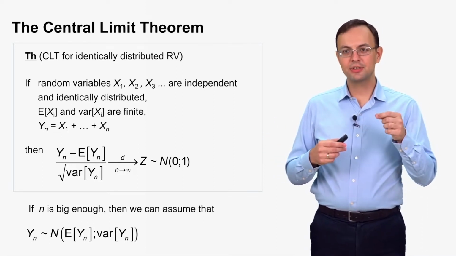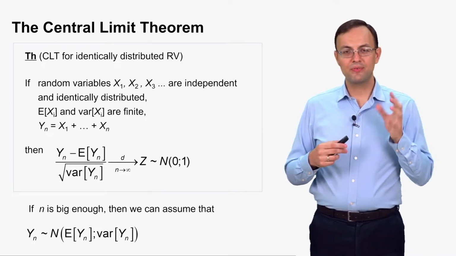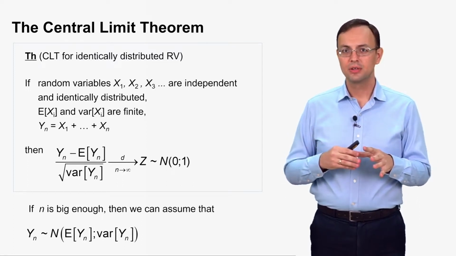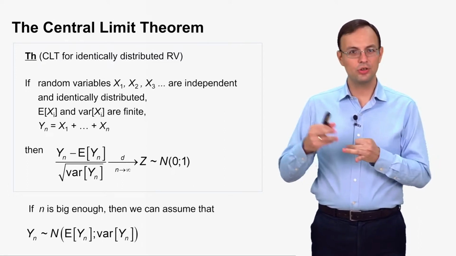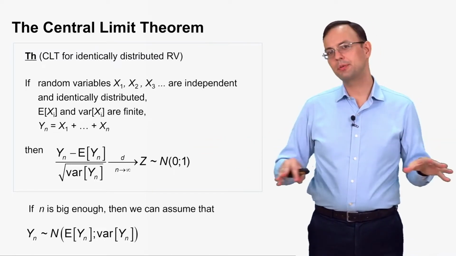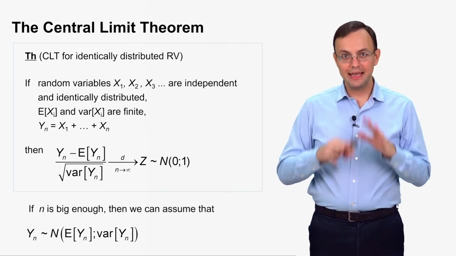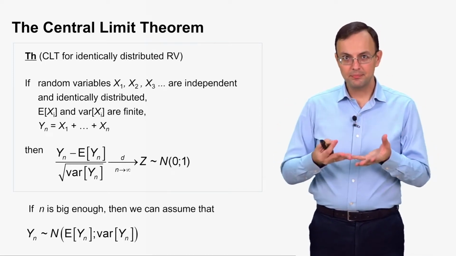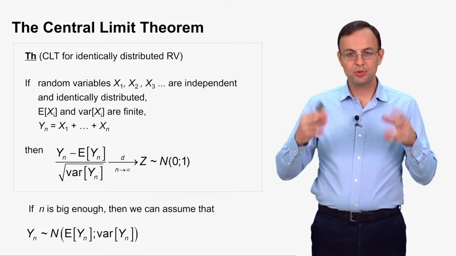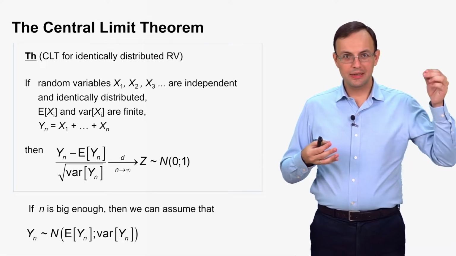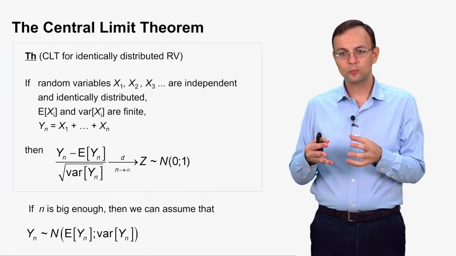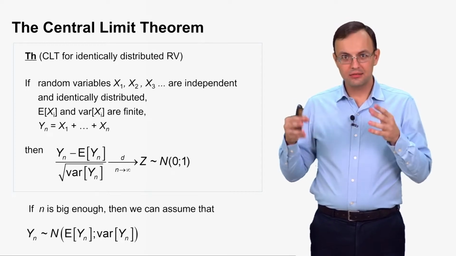So no matter what the distribution of x's is, x's can have any distribution. Uniform, binomial, geometric, exponential, Poisson, or some unknown distribution. So x can have any distribution, but their sum, if they are independent and identically distributed, the distribution of their sum will be getting closer and closer to the normal distribution when n is growing.